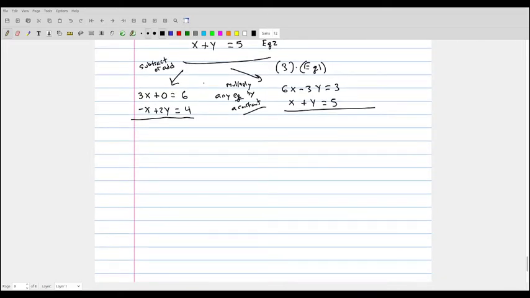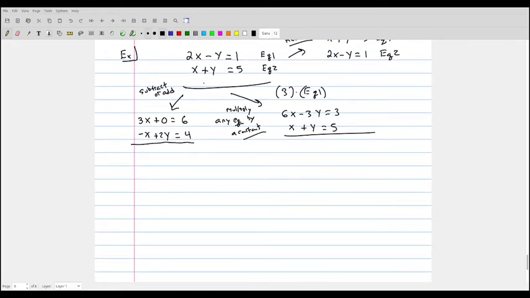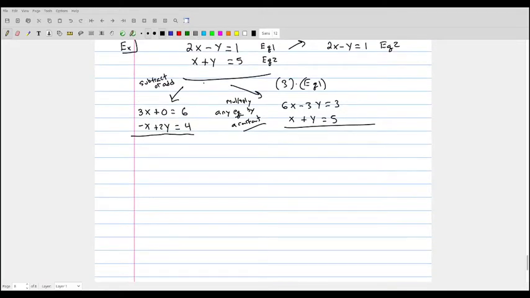The main idea behind Gaussian elimination is based on the fact that this system is the same thing as the matrix system: the matrix 2, negative 1, 1, 1, times x, y, is equal to 1, 5.